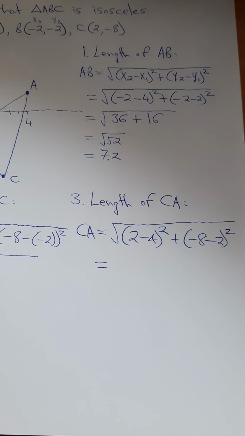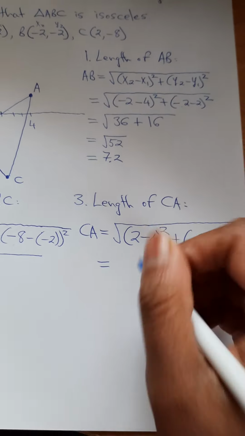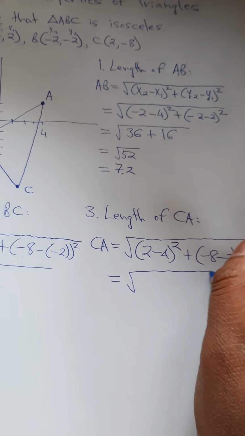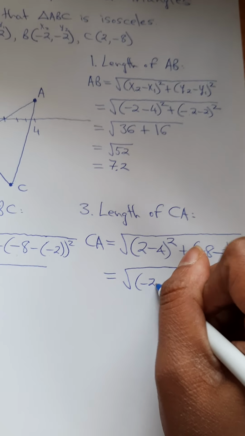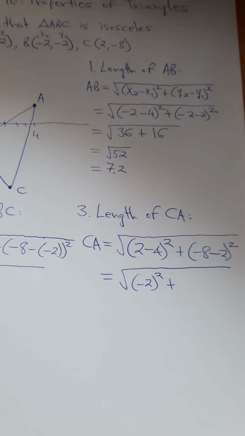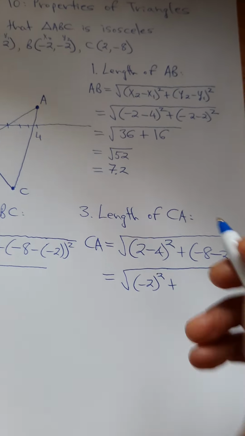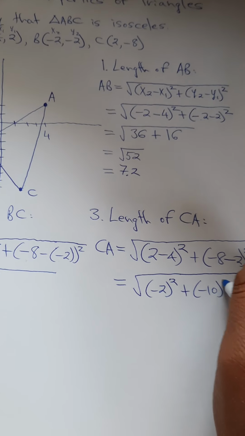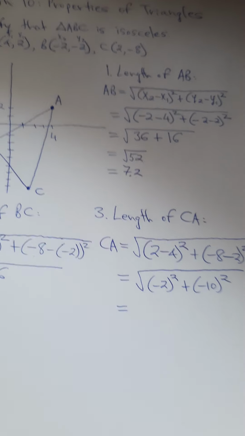So we're doing 2 minus 4. So let me put one step in between here, which is negative 2 squared plus, and then we're doing negative 8 minus 2, so negative 10 squared.